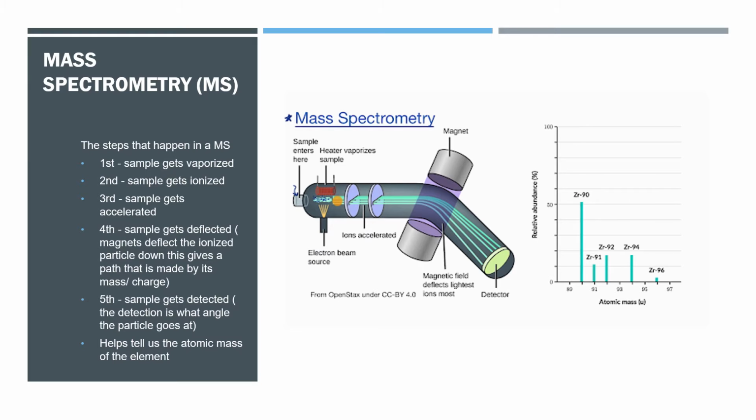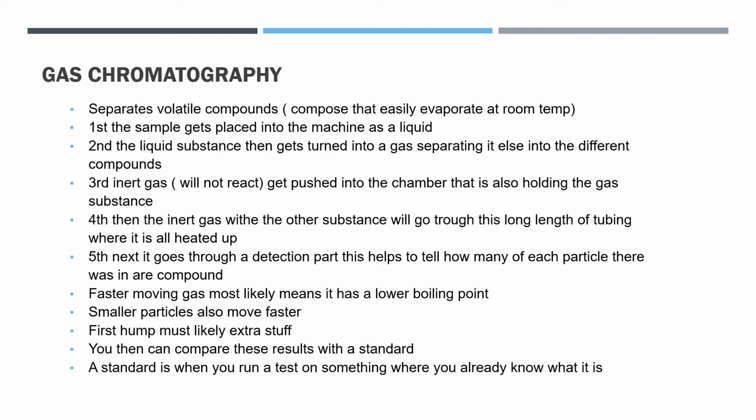Next, the sample gets accelerated into this magnet. This magnet deflects the ionized particles, and this helps give us how much force and how much mass is with that certain particle. Then the detector will read those angles to tell us what they are, and we'll put it in a nicely formatted chart for us.